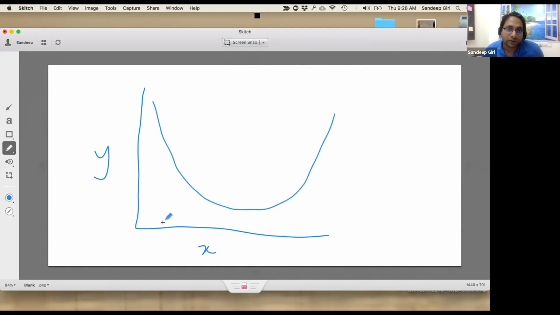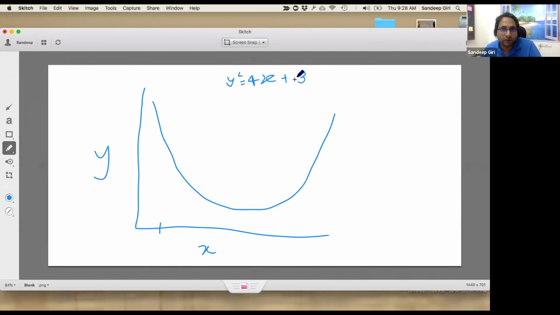For value x, imagine the equation is, let's say, 4x plus 3.